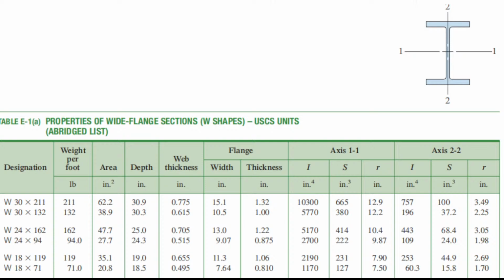Test results are recorded when testing, with KL over R as the independent variable and Pu over A as the dependent variable. Testing several points, several specimens, the testing results have dots, and then we have to represent those dots with a curve.